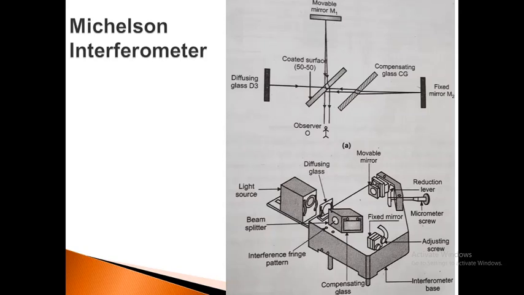Here you can see the different components of this Michelson interferometer. It consists of a monochromatic light source, a beam splitter, and mirrors. This relies on the principle of constructive and destructive interference.